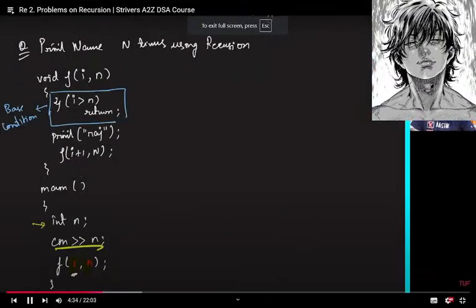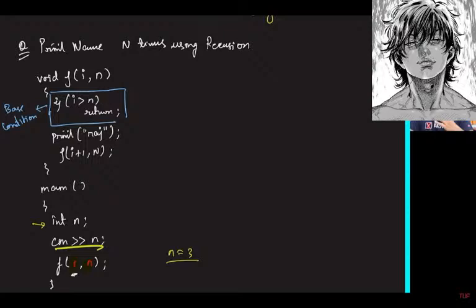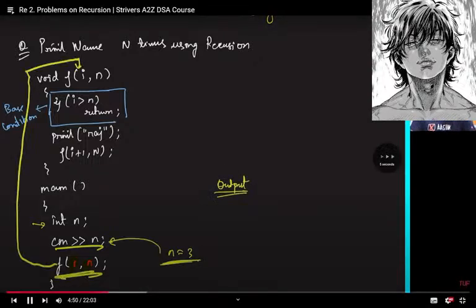Assume n is given as 3. Again, I'll put the output screen and the function with i.